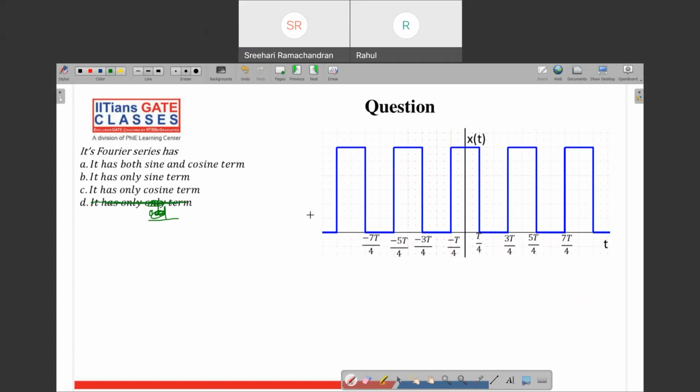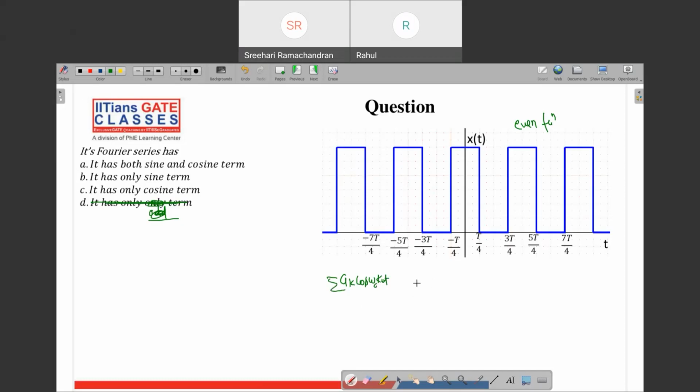So here, if you see, this signal is an even function of t. Since this signal is an even function of t, this signal will not have any sine term. It will have only the cos term. So it will have only the ak cos k omega naught t term.